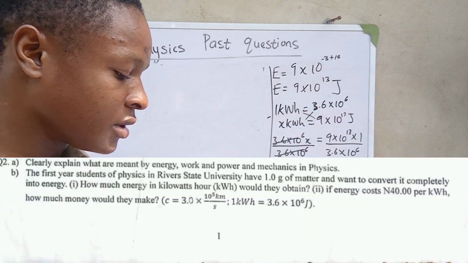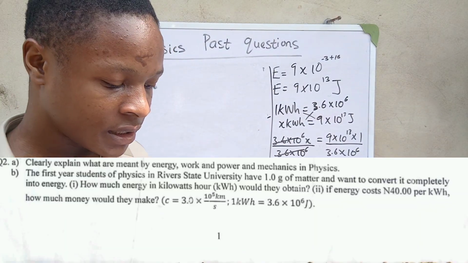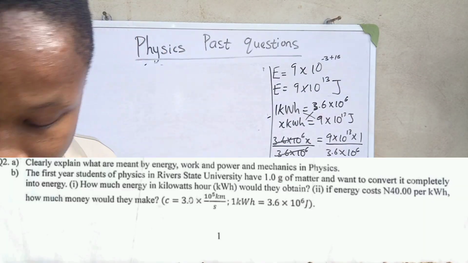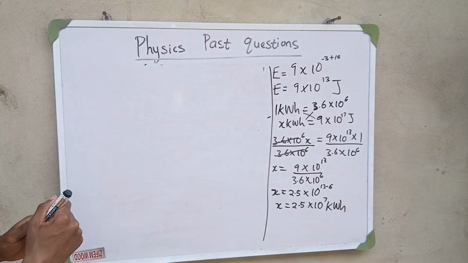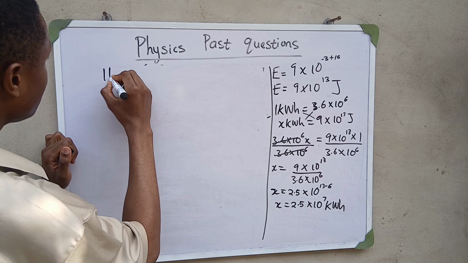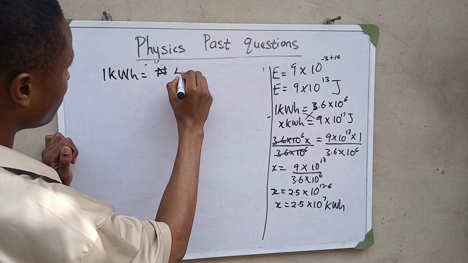Now the second question says, if energy costs 40 naira per kilowatt hour, how much money would they make? So energy for 1 kilowatt hour is 40 naira.